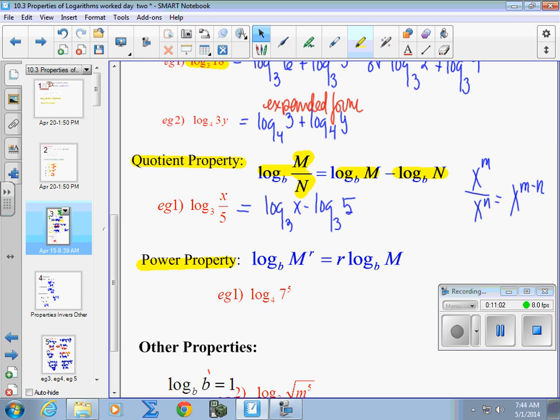So we have an example here of log base 4 of 7 raised to the 5th power. If we were to write it in expanded form, we would move 5 to the front of the logarithm and get 5 times log base 4 of 7.